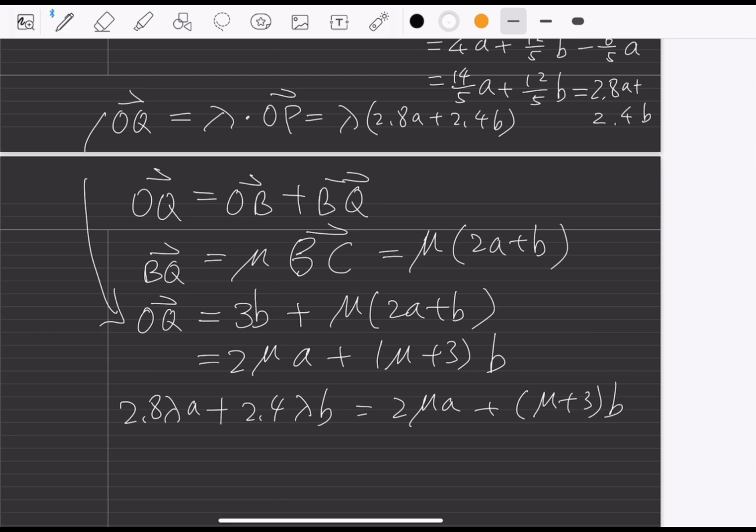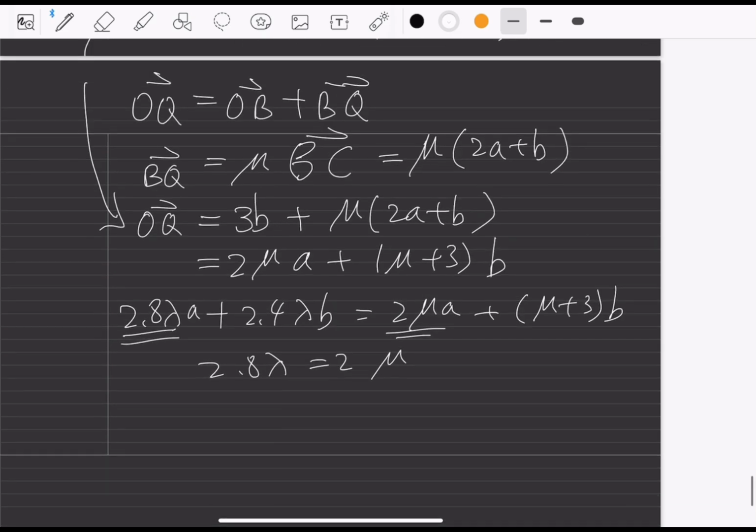Now we can compare coefficients of vectors a and b. That gives us 2.8 lambda equals 2 mu, and 2.4 lambda equals mu plus 3.